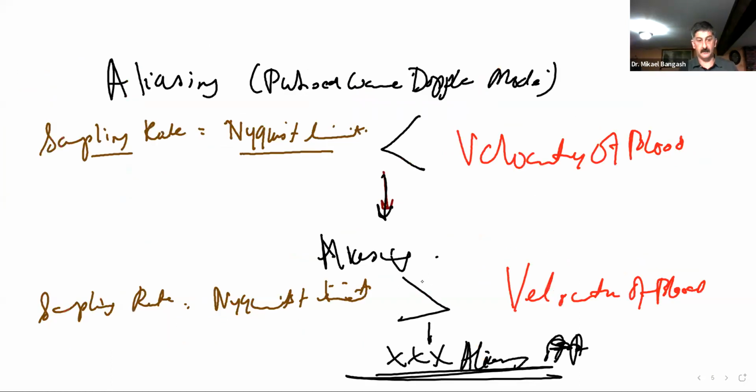Or more correctly, if the speed of blood is greater than the Nyquist limit, we will have aliasing. Whereas if the Nyquist limit is greater than the velocity of blood, you will not have aliasing.